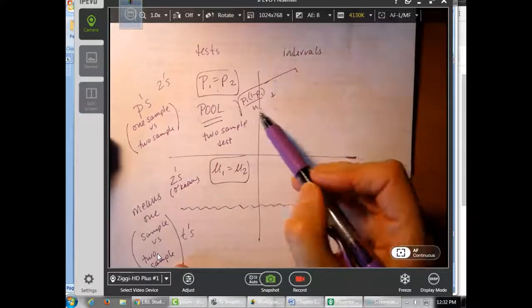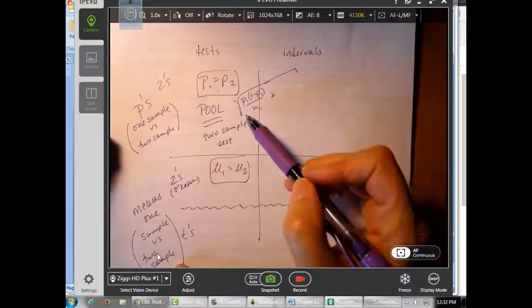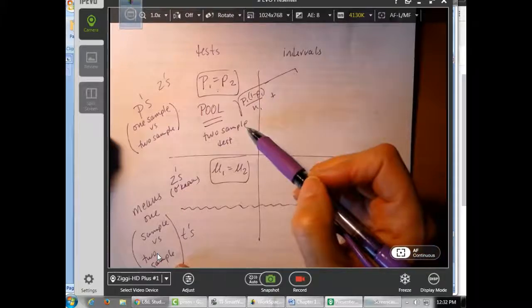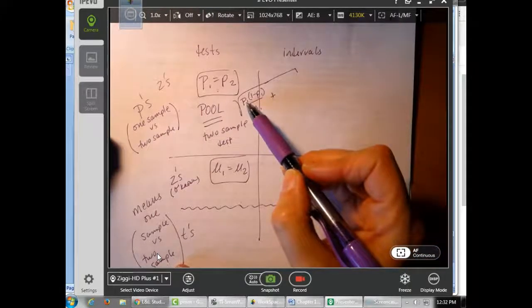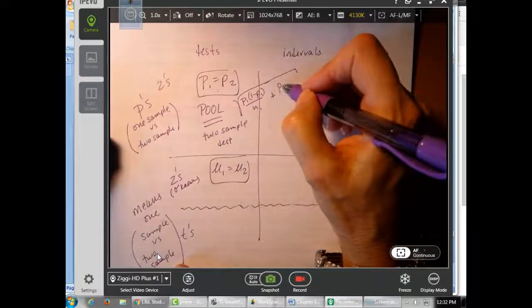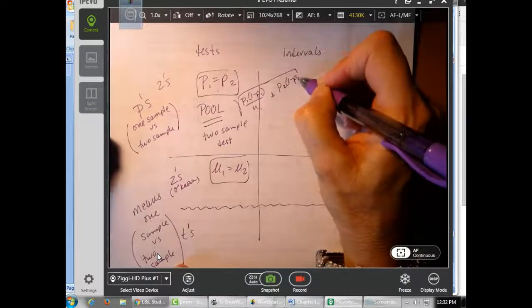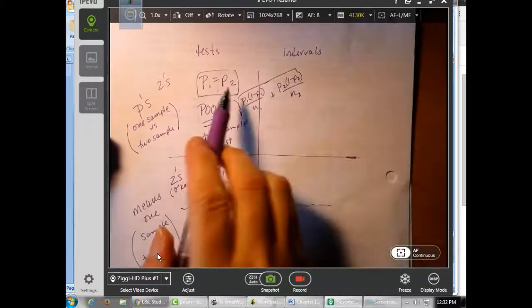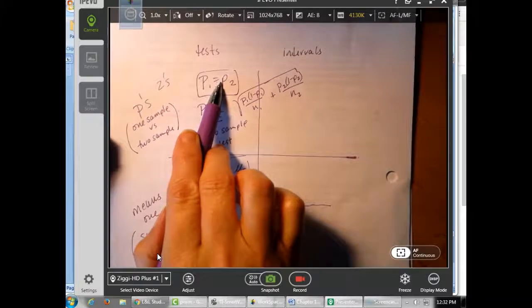So if we're using this as our denominator of the test statistic, the problem is if I just use P sub 1 and P sub 2, do you see I'm not really holding true to this assumption?